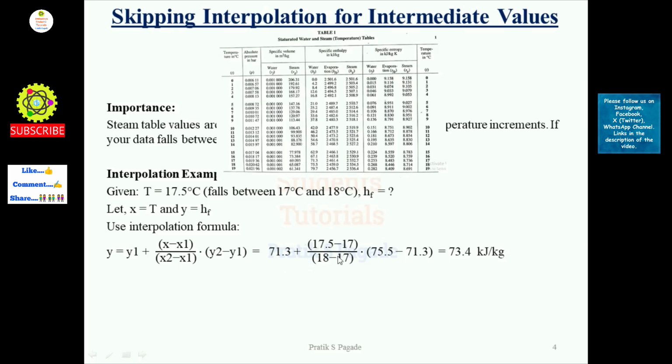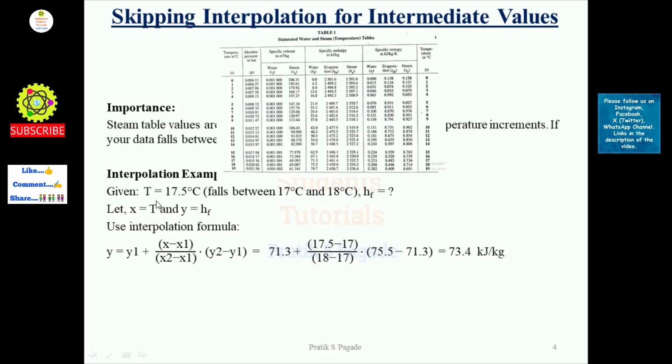Now we put in the values: corresponding to 17 degrees Celsius we have 71.3 kilojoule per kg hf, and at 18 degrees Celsius we have 75.5 hf. After putting in the values, we got the answer 73.4 kilojoule per kg, which corresponds to 17.5 degrees Celsius. So from this interpolation method we have calculated hf.